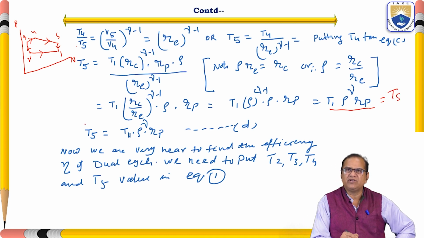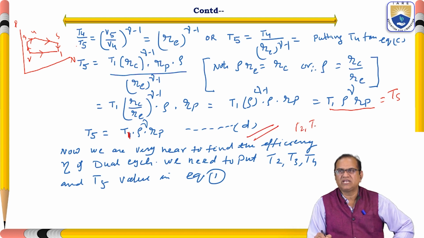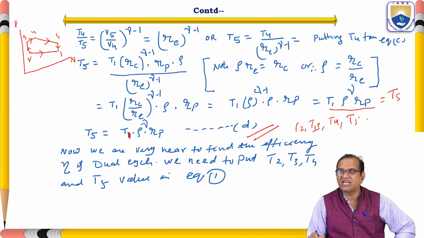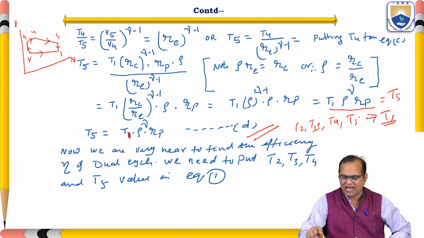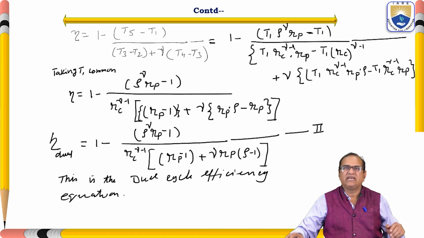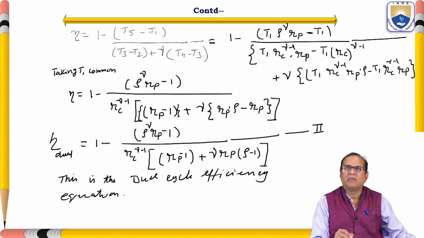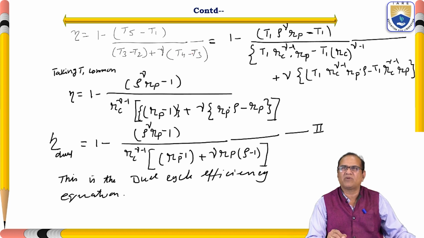So T5 is equal to T1 into rho to the power gamma into RP. Now we have T2, T3, T4 and T5 with respect to T1. Now we will see the efficiency. Efficiency is equal to 1 minus (T5 minus T1) divided by (T3 minus T2) plus gamma (T4 minus T3).